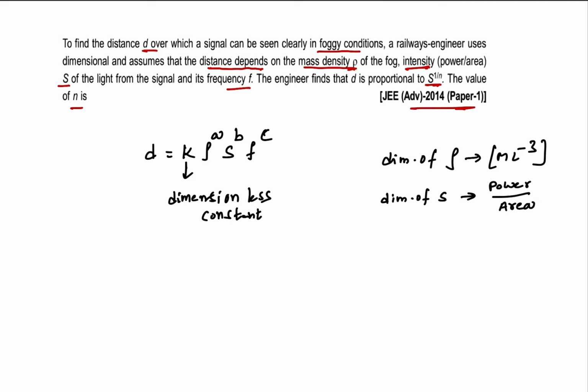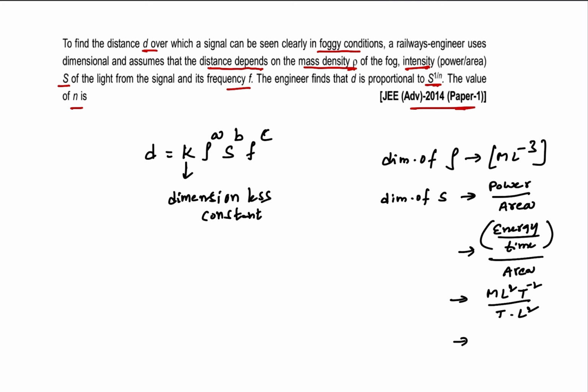Dimension of S: they have given power by area. Power is nothing but energy by time, whole divided by the area. So we can write energy as M L square T power -2, whole divided by time, and the area is L square. You can see here L square and L square get cancelled. Finally you get M T power -3.